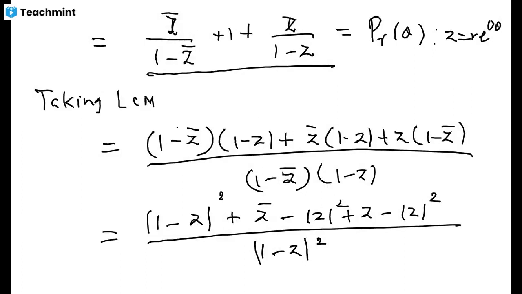And at the same time, I have z conjugate and z. I have the sum of these two numbers, and you know that a number plus its conjugate is twice the real part of that number. And the real part of that number means it has to be r cos theta, so twice that is 2r cos theta. And then you have 2 times this minus mod z square, and z is r e to the I theta, so mod z square is r square.